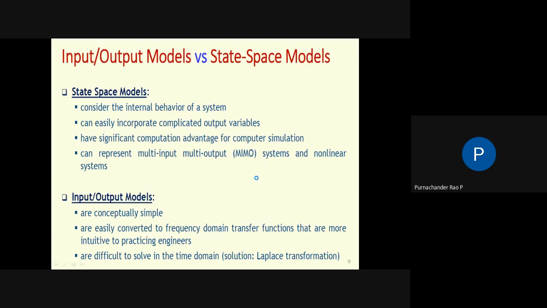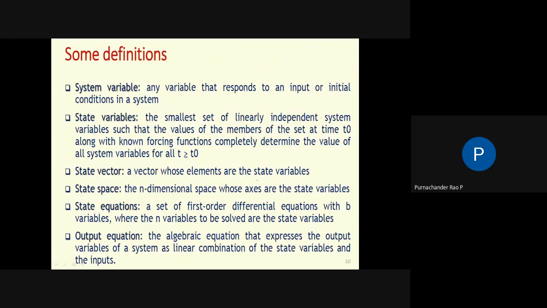So now we'll see some definitions of state space analysis. The system variable is one that represents an input or initial condition in a system. Variable means it is a state variable, so x of t or vc of t, whatever we are assuming.